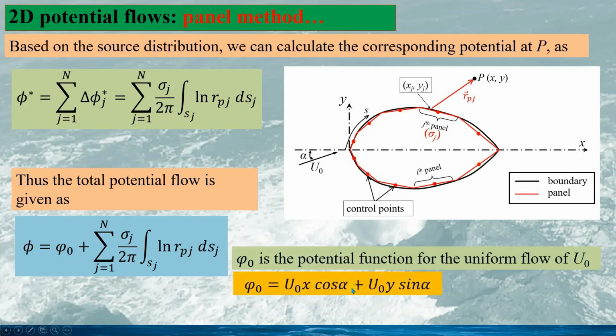For this example, if the uniform flow has an angle of attack alpha to the x-axis, then the potential function for the uniform flow phi 0 would be given as u0x cosine alpha plus u0y sine alpha.